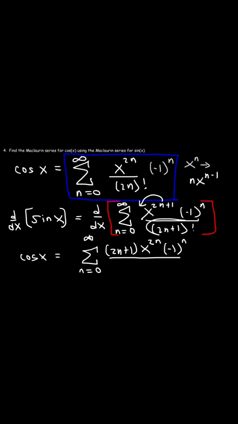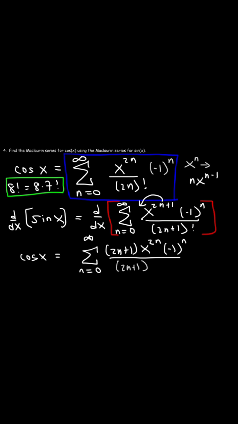Now this constant will remain, but we want to cancel the 2n plus 1. So we're going to adjust the 2n plus 1 factorial. Now recall that a factorial is 8 times 7 factorial. And so we're going to do something like this. So first, we're going to write the first number. In this case, that's 2n plus 1.